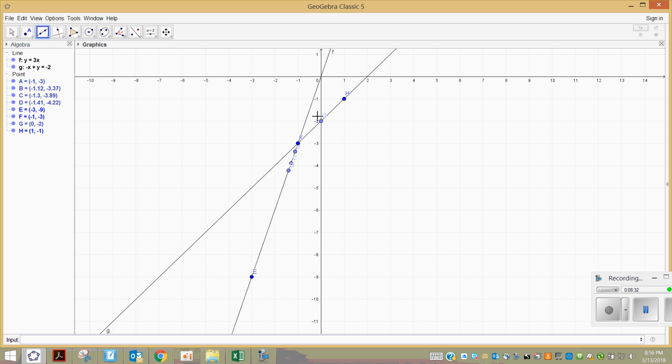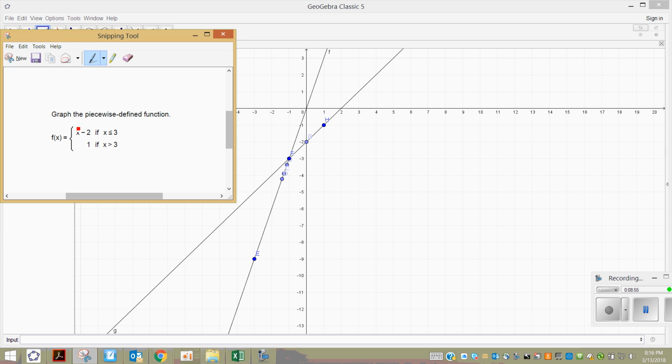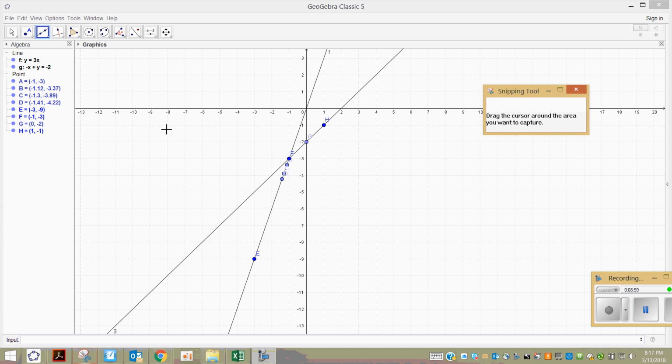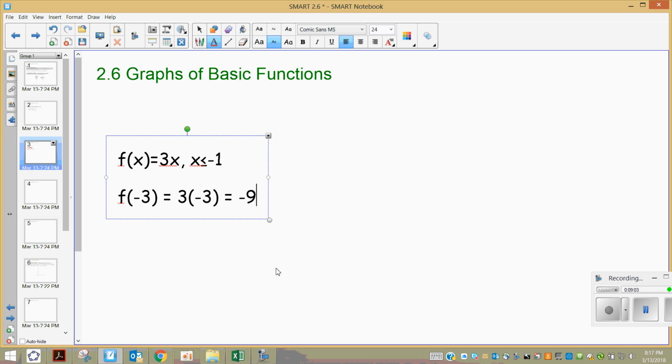So for x values that are greater than negative 1, so from this line over to the right, I want to be using that second piece here. So where you see G and H, that line is my second piece, and it starts right after x equals negative 1. So I'm going to take a little picture of this and bring it over to my notebook.